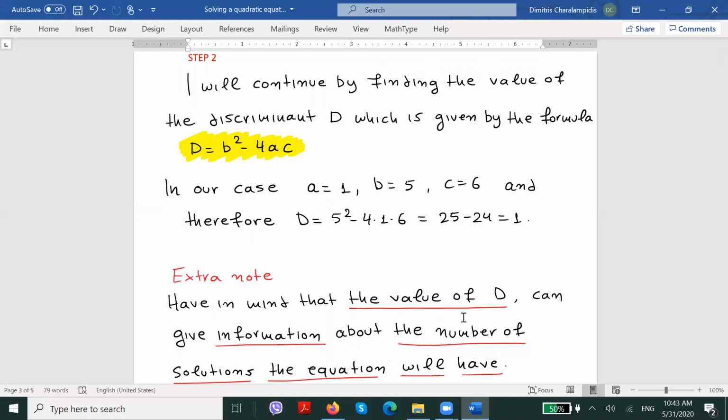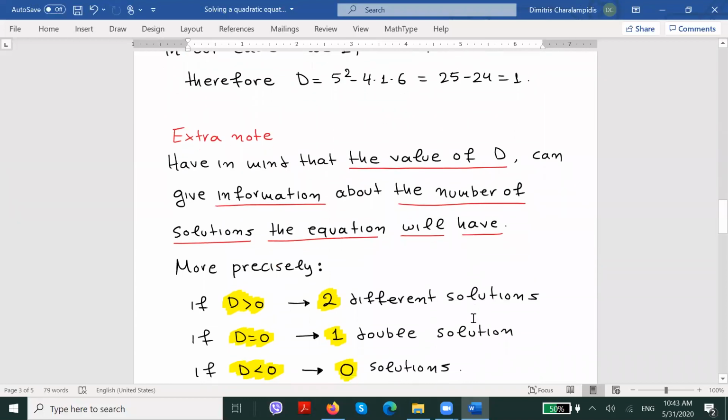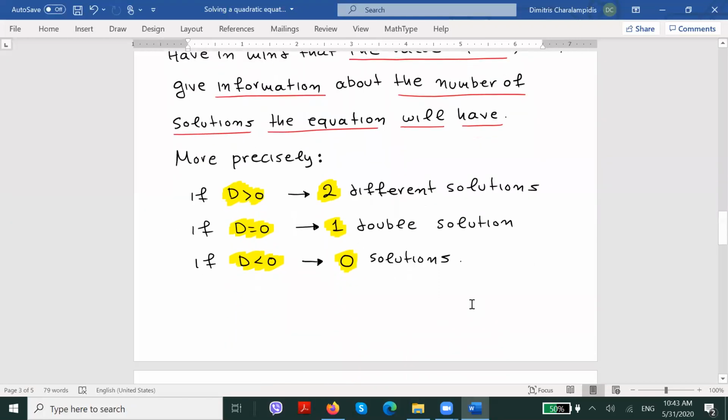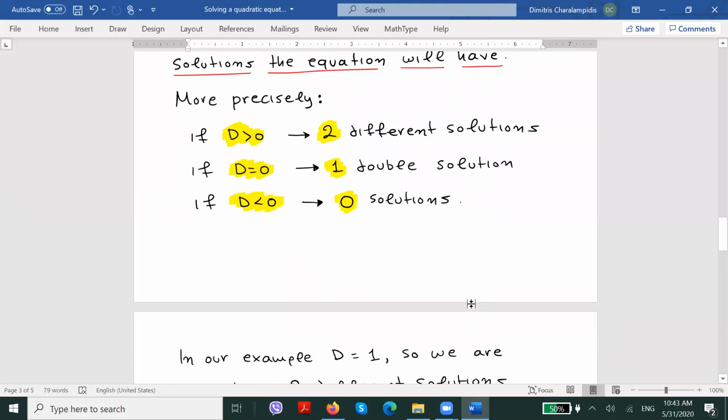Now, look at an extra note here. Have in mind that the value of the discriminant, the value of d, can give us information about the number of solutions the equation will have. More precisely, if the discriminant is positive, if it is bigger than 0, then we should expect two different solutions.